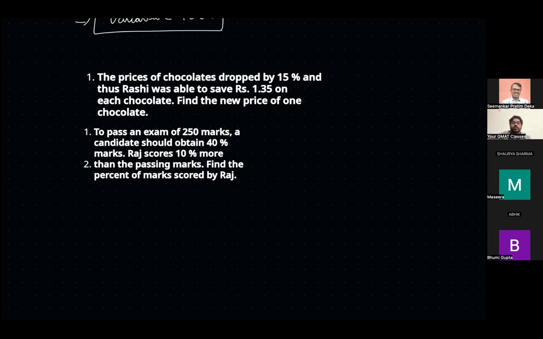So you'll have to subtract 1 rupee 35 paisa from it. Do you understand it? Yes, sir. Okay. No, that is also incorrect. Falguni, correct for the first question.